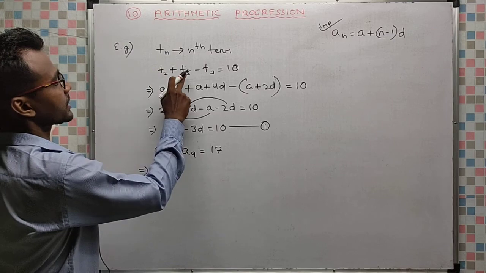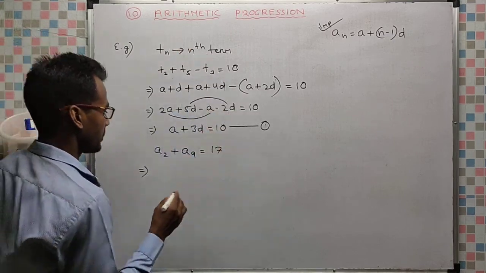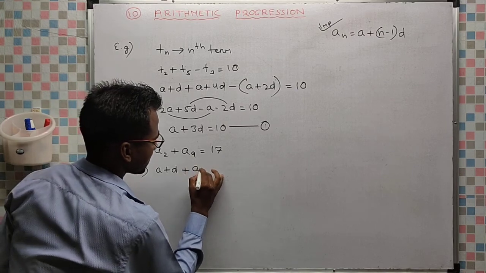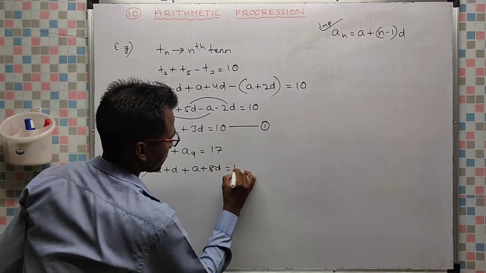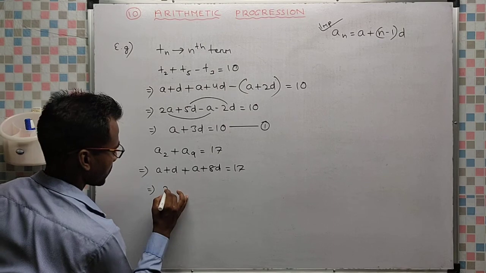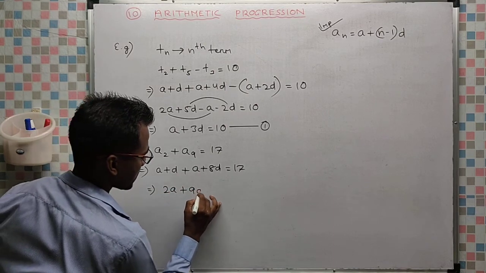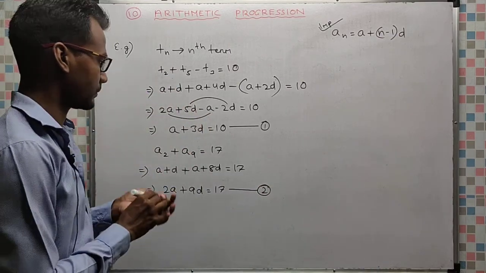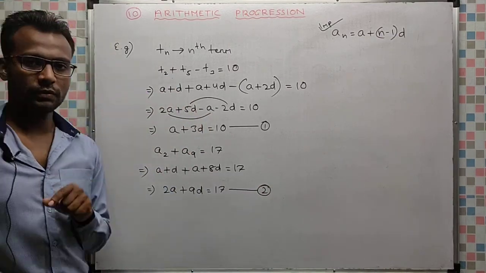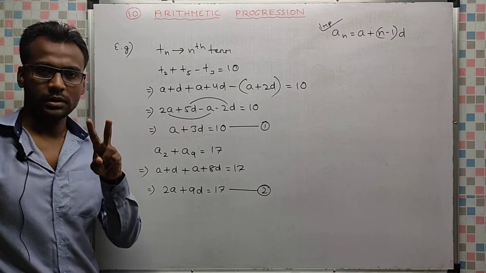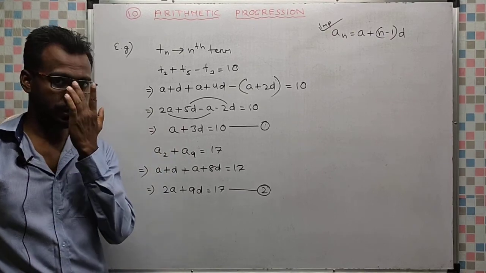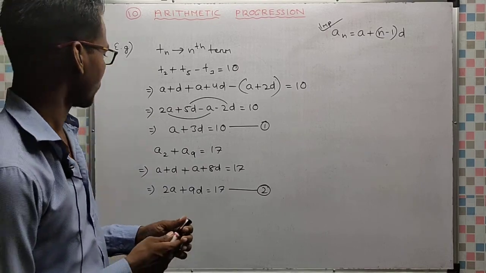A2 means A plus D, A9 means A plus 8D, is 17. So 2A plus 9D is 17. Equation 2. We got two equations, two unknowns, A and D. Now this is simultaneous linear equations, class 9, which you know how to solve. So let us solve these two.